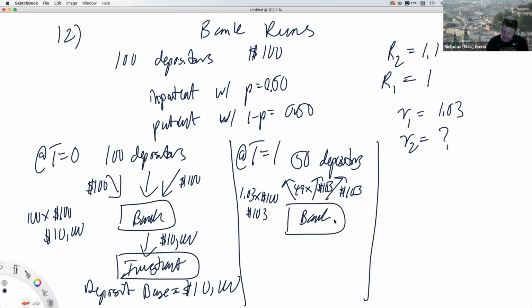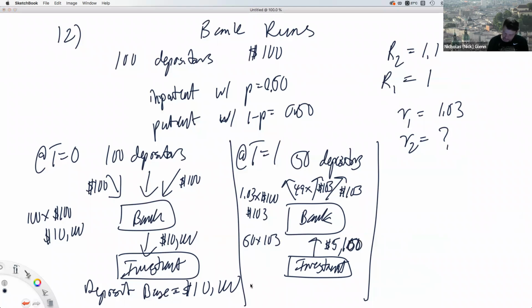How much does the bank have to pull out? 50 times 103, and 50 times 103 is 5,150. Just pulling this out from the investment.